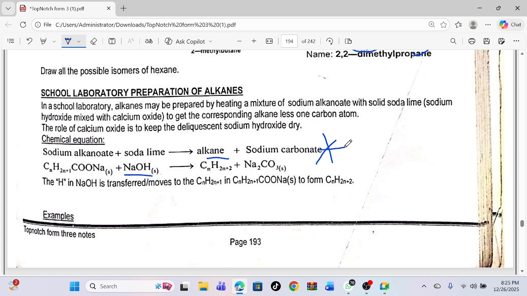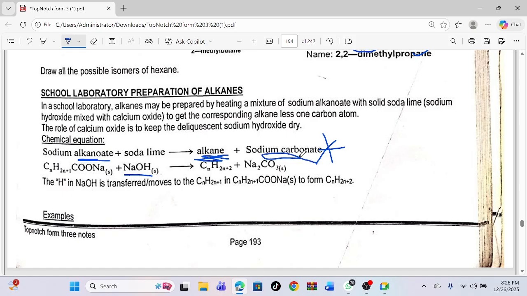If I am preparing ethane, I will get ethane plus sodium carbonate. The kind of alkane that I will get depends on the formula that I will be using here, lakini this sodium carbonate will be constant.